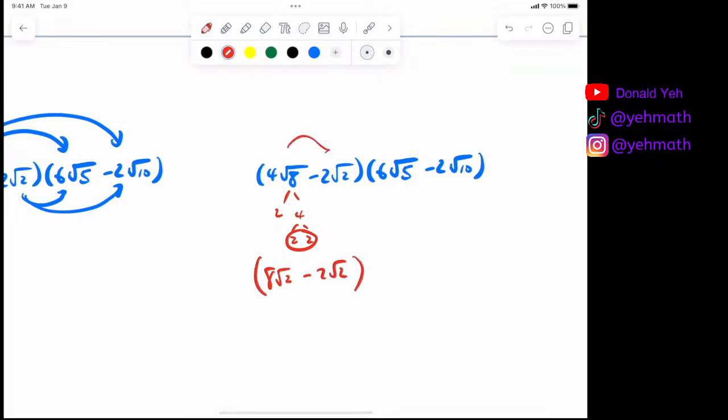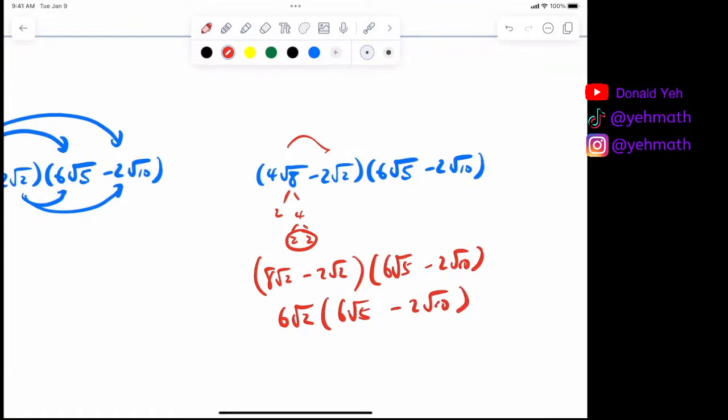Before this, they cannot subtract because they don't have like terms, they don't have like radicals. So now you can subtract. And hopefully this makes the question a little bit easier, because it's 6 root 2 times 6 root 5 minus 2 root 10. Does that make sense so far? Did anybody do it this way, or did you just FOIL it? You did it this way?